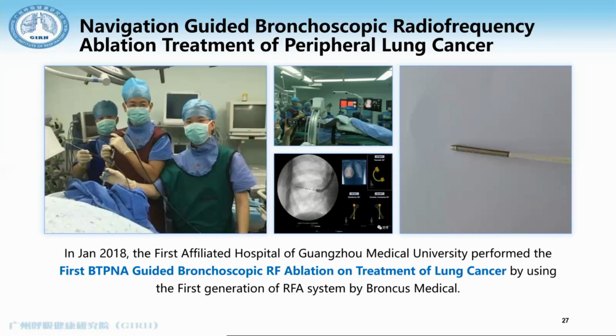Our team has focused on ablation for peripheral lung cancer since 2018.